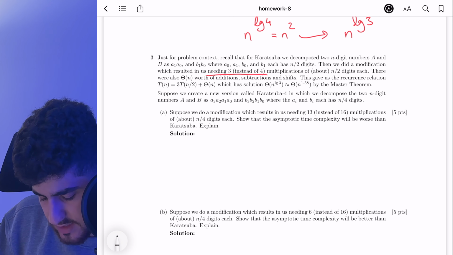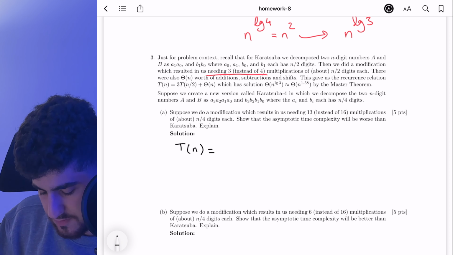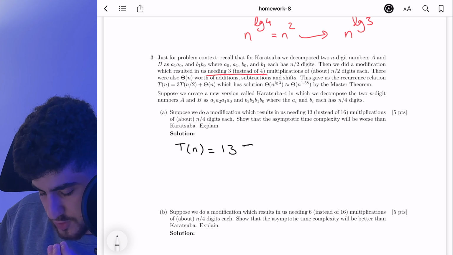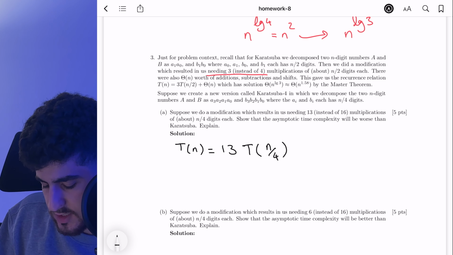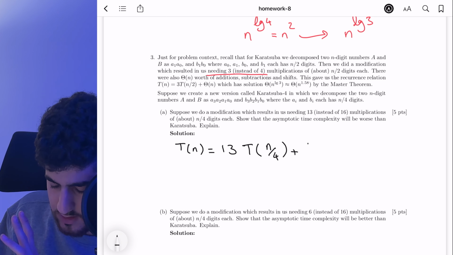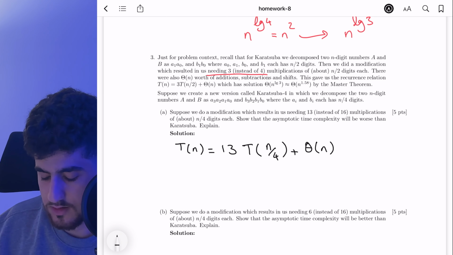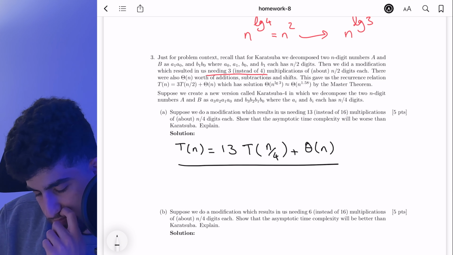Okay, well, in here again, we just need to first write the recursive equation. T of n in here is equal to 13 calls of multiplication for numbers of length n fourth, right? So it's going to be 13 times T of n fourth plus some theta of n for addition, shifts, subtraction, etc. So this is going to be my recursive formula.